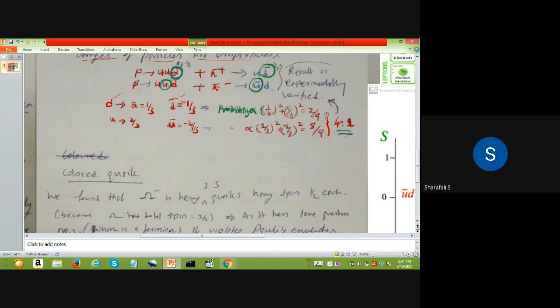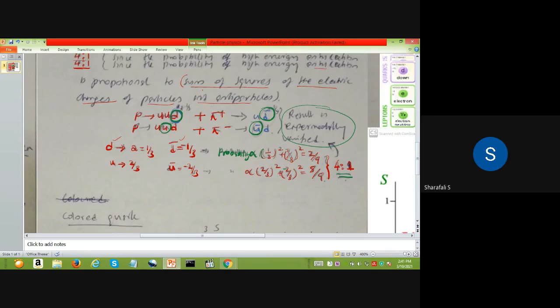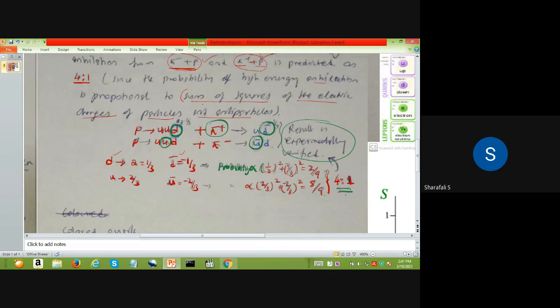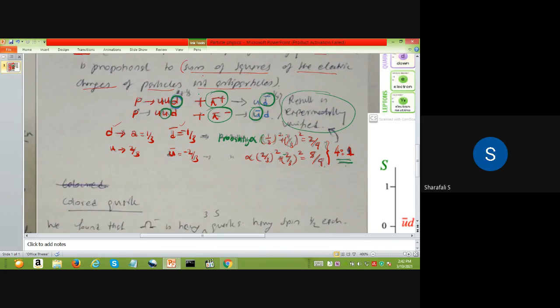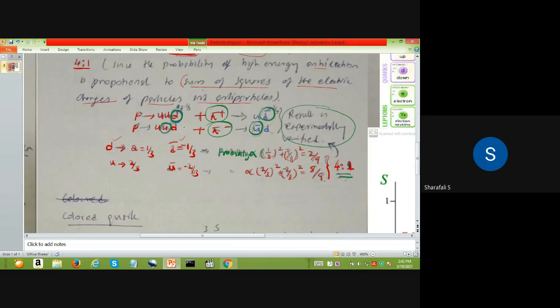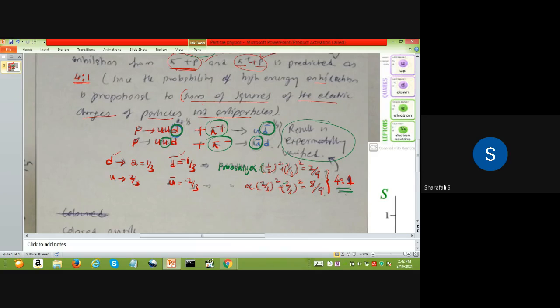So this one is also experimentally verified. This ratio is also experimentally verified in two cases, proton interacting with pi plus and proton interacting with pi minus, where the annihilation process happens, and that will produce the meson, and that will produce muons. So the probability, or the number of muons produced in this reaction, is proportional to the sum of the squares of the electric charges of particle and antiparticle.